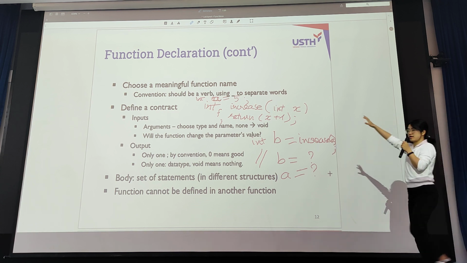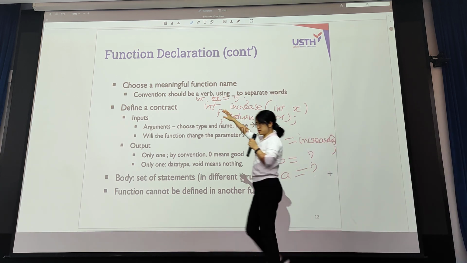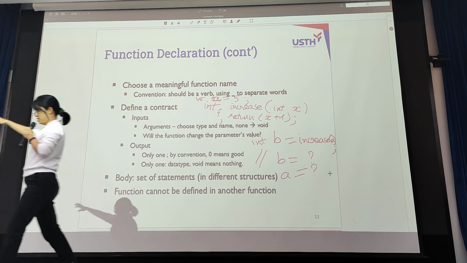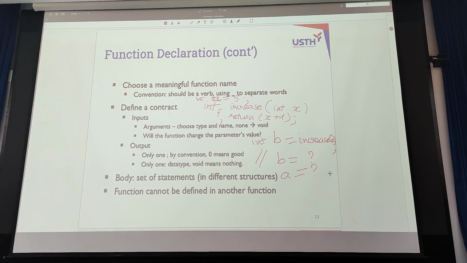Question. Let's say I initialize a variable named A. A is equal to 5. I define a function increase like this with the name, input and return data type like over there.